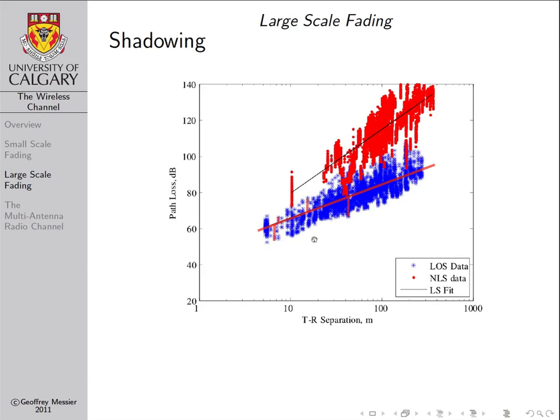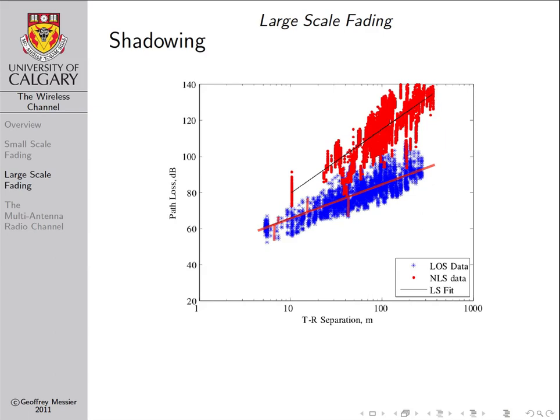We essentially take this difference value, how far each point is from the best fit line, and we determine a histogram or a PDF for all of those values. What we find is that when we're working in the decibel domain, the log domain, the shadowing factor is normally distributed, or Gaussian distributed, in dB.